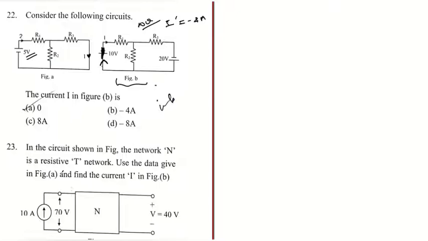It was 1 ampere for 5 volt, so for 20 volt it is 4 ampere. The current due to the 20 volt source only is 4 ampere. The total current is I dash plus I dash dash, which is minus 4 plus 4, which is equal to 0. Okay.